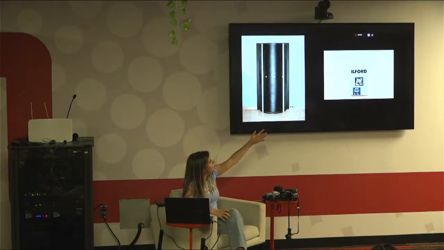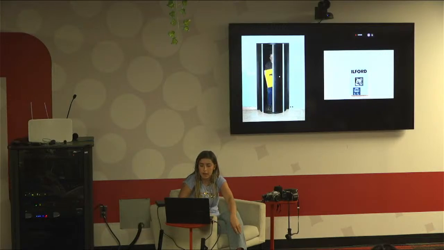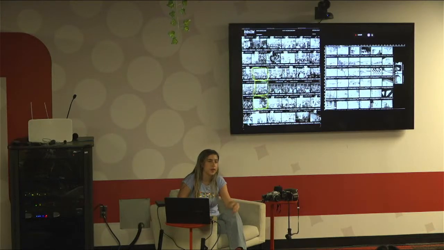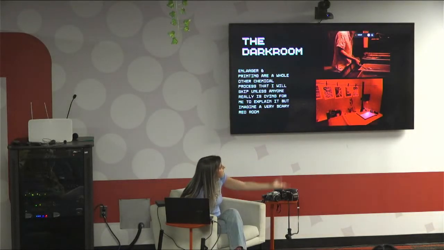So you take this photographic paper, which is covered in some sort of halides that are basically acting the same as the ones previously. But you take your film, you put it in this sheet, and you burn it on the paper using this enlarger looking thing, which is a giant flashlight that burns the paper that's light sensitive.